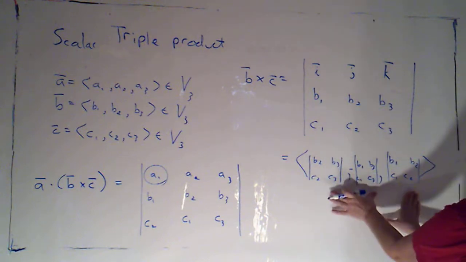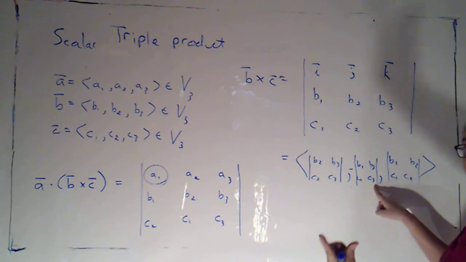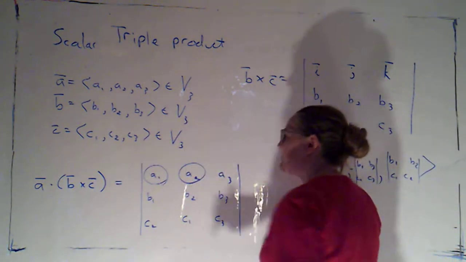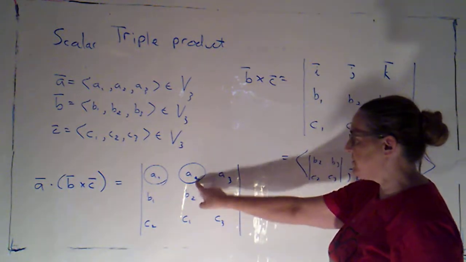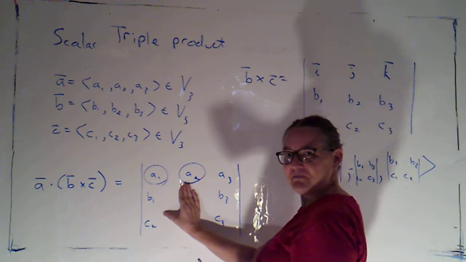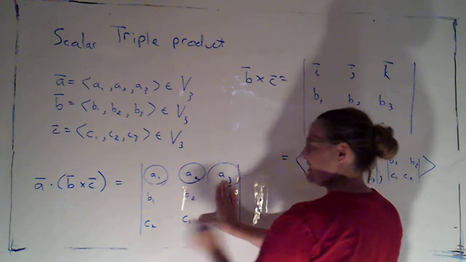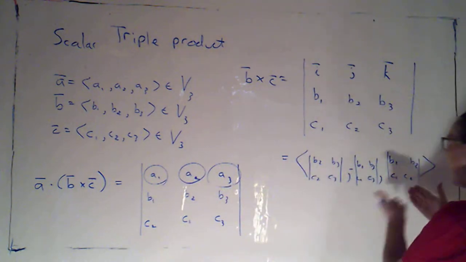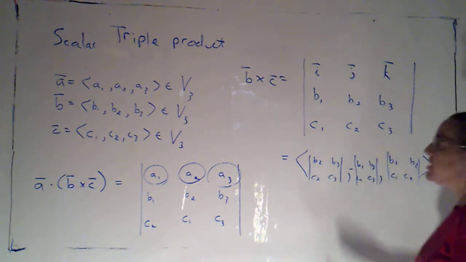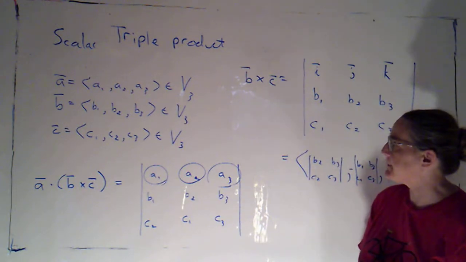Now if I'm dotting this vector with A, I would now multiply this by the second component of A. But if I were continuing to expand the determinant on this first row, I would take A2 and multiply it by the opposite of this 2 by 2 determinant. Similarly, the third term that I get would be A3 times this 2 by 2 determinant, which is exactly the third term in the dot product of A with this cross product. So I can think of the scalar triple product either of these two ways.